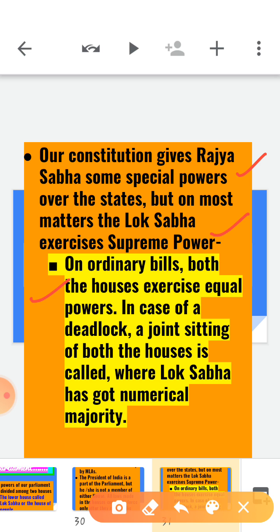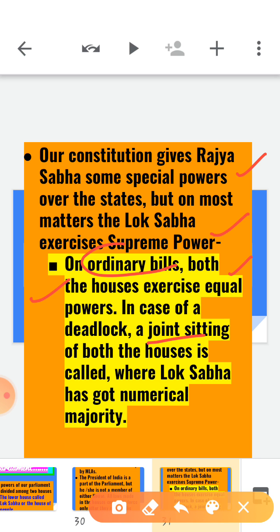First, an ordinary bill, or we can say law. Any ordinary law needs to be passed by both the houses. Clear? Here we talk about the ordinary bill. But if there is a difference between the two houses, that means Lok Sabha and Rajya Sabha, the final decision is taken in a joint session in which members of both the houses sit together.